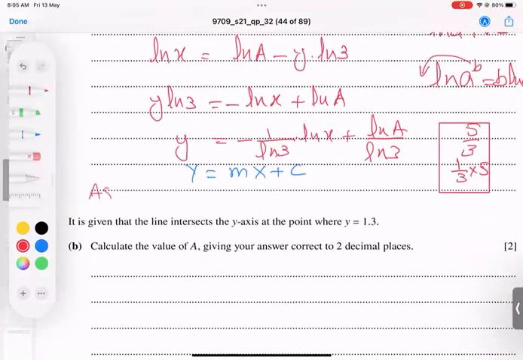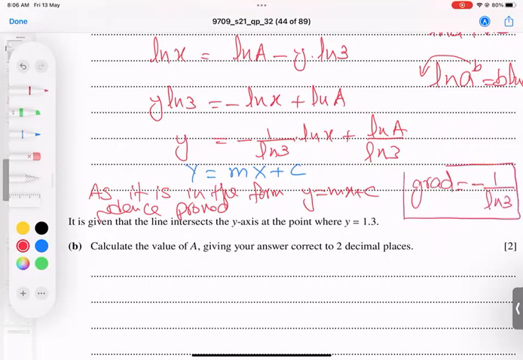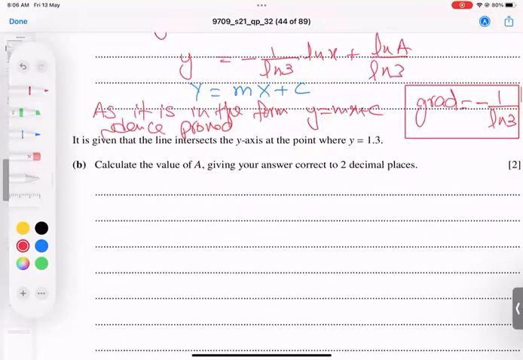As it is in the form y equals mx plus c, hence proved. And the gradient, let me erase it, so what is the gradient? Negative 1 over ln 3. Alhamdulillah, I believe the point is very clear. So let's go for the next part.